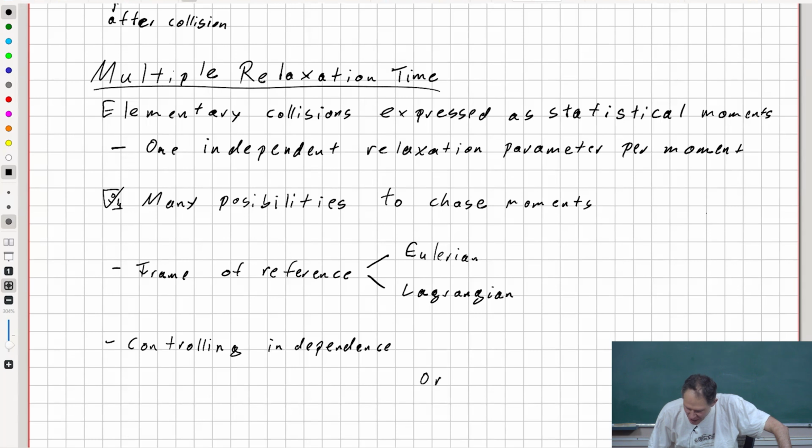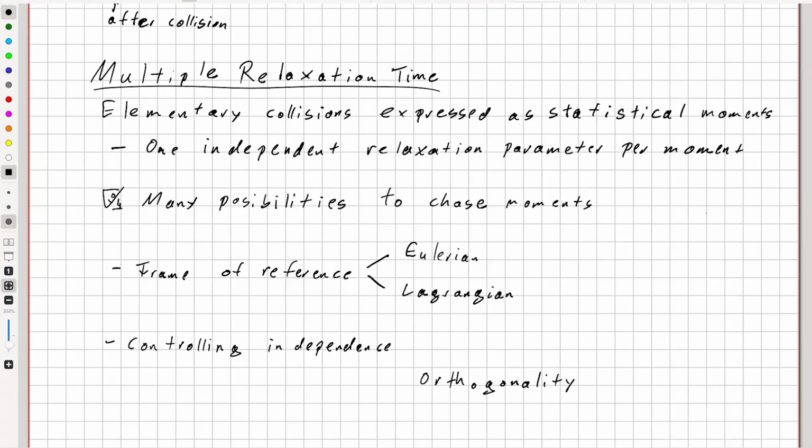One way, and this has been tried, is to make things orthogonal, which is written with an H. Then you find that there are different ways of making things orthogonal: weighted orthogonality, unweighted orthogonality, and then non-orthogonal things that are still somehow independent of each other.